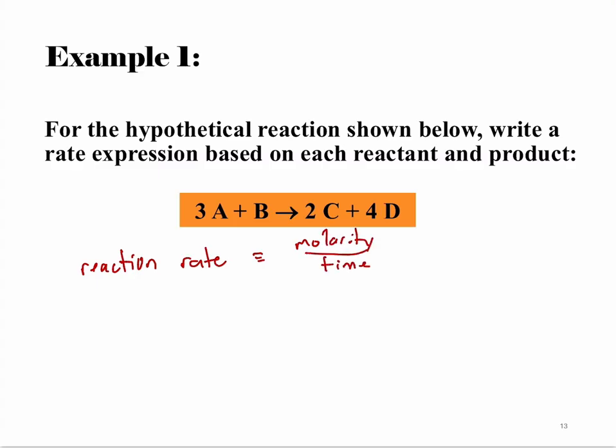Molarity over time. And to calculate the reaction rate, we're concerned with two things. The one being the change of concentration of reactants and products. And what's the other thing we have to keep in mind with reaction rates? There's a change in concentration, and then what else? What else is given to you here in the problem that you need to use? Or what do we get from the balanced chemical equation here?